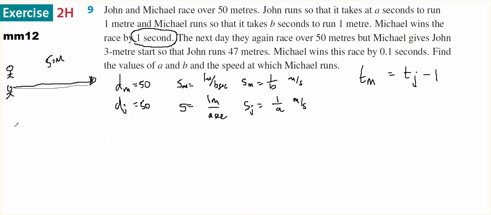Okay, I know that speed equals distance over time, so time is equal to distance over speed. Therefore, the time of Michael will be the distance of Michael over the speed of Michael, which is 50 over 1 on B, which is 50B.